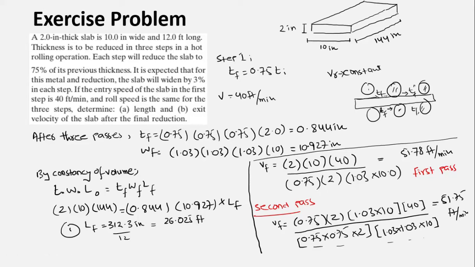Now let's move on to another problem. It says a series of cold rolling operations are to be used to reduce the thickness of a plate from 50 mm down to 25 mm.